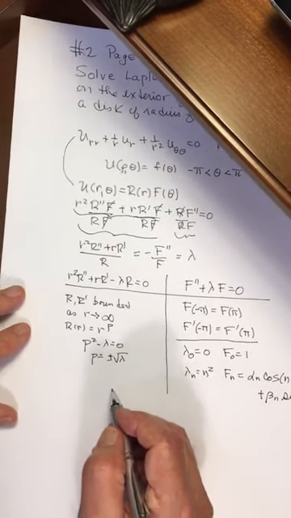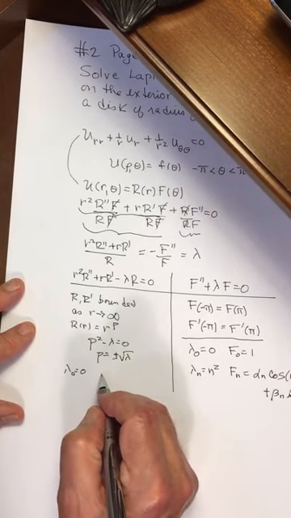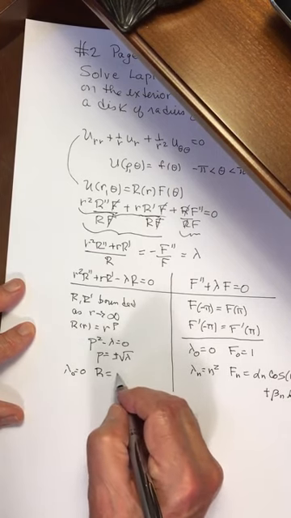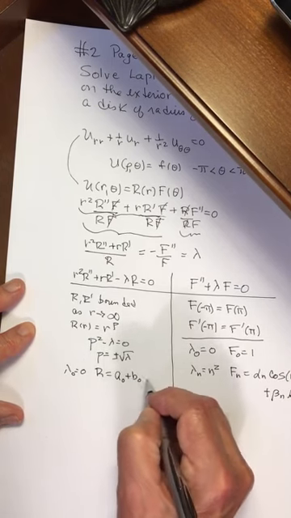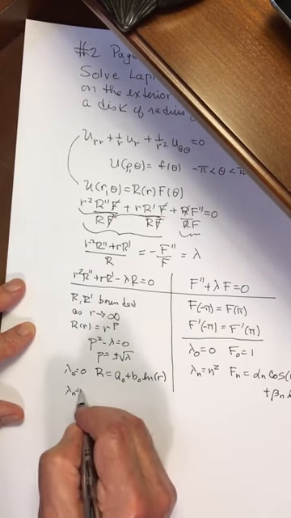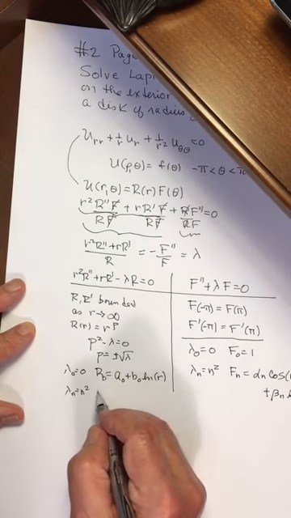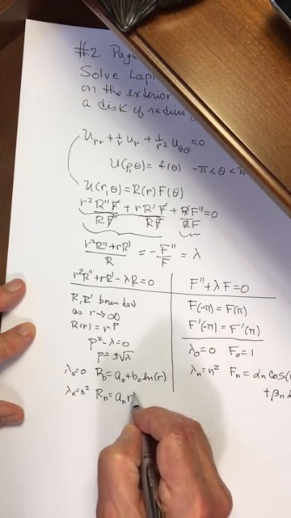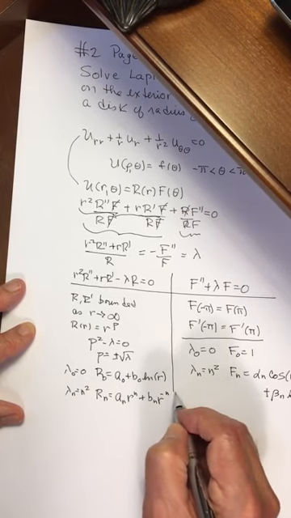When lambda 0 equals 0, we get a repeated root, and our r equation gives R sub 0 equal to a0 plus b0 log of r. And when lambda n is n squared for positive n, we have R sub n equal to an r to the n plus bn r to the minus n.